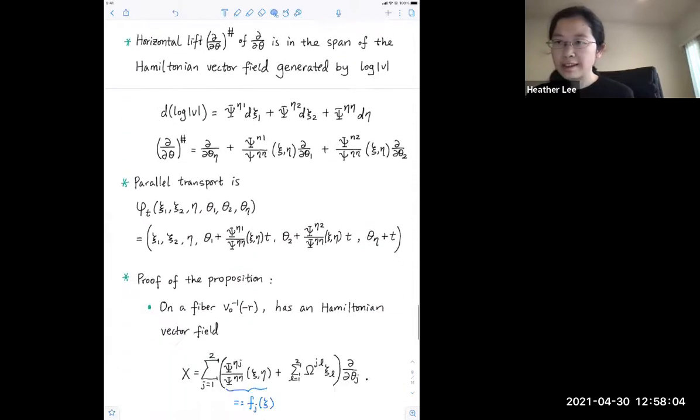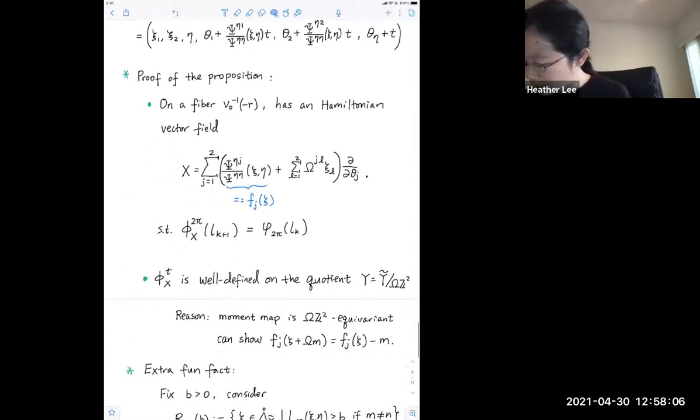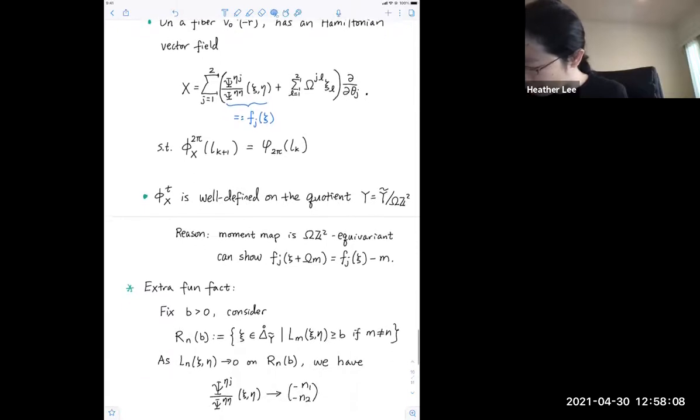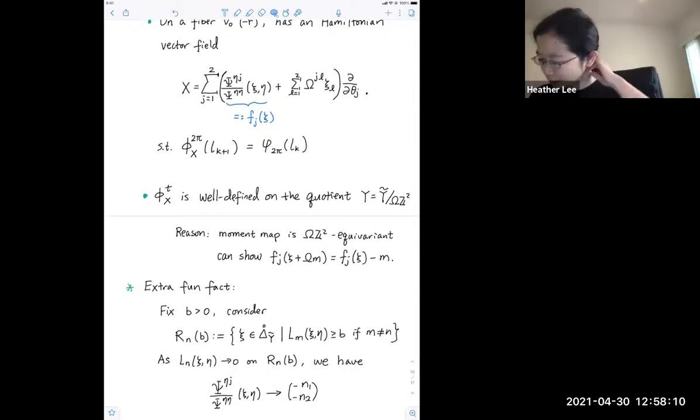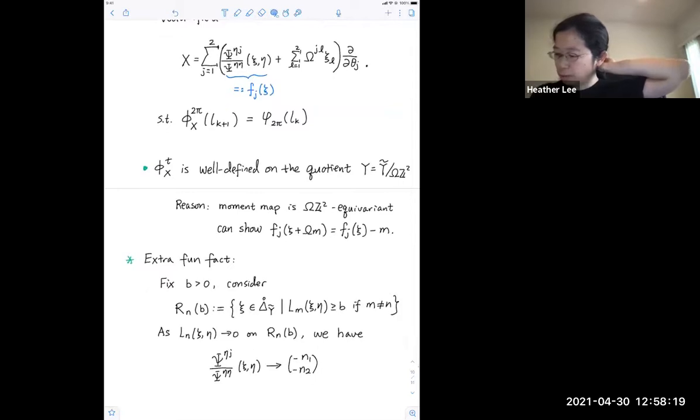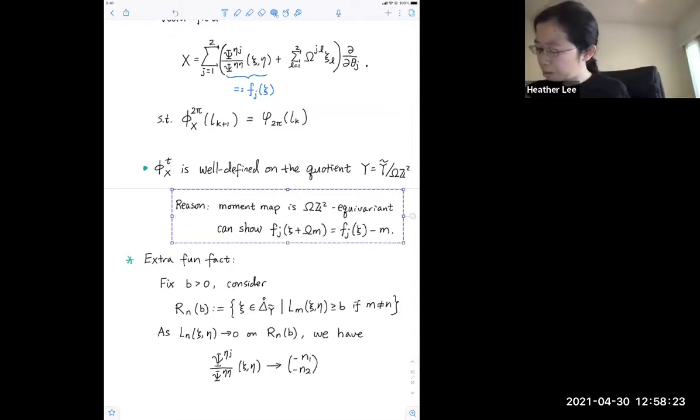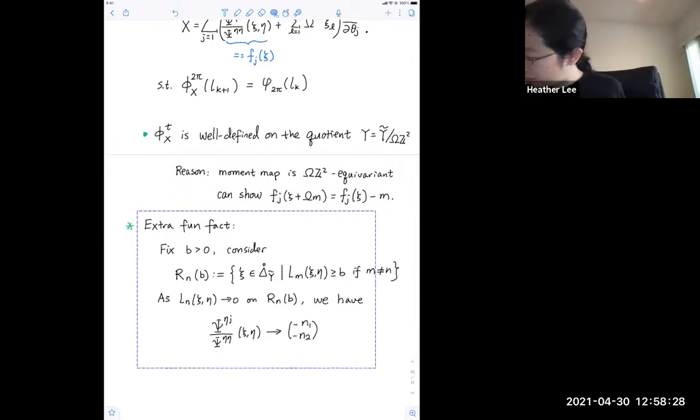And to end, in the last 2 minutes, I just want to mention one extra fact about this parallel transport that I think is quite cool. Actually, in Catherine's thesis, she used something like this to show this, but here we don't really need it, but it's still very fun to see.